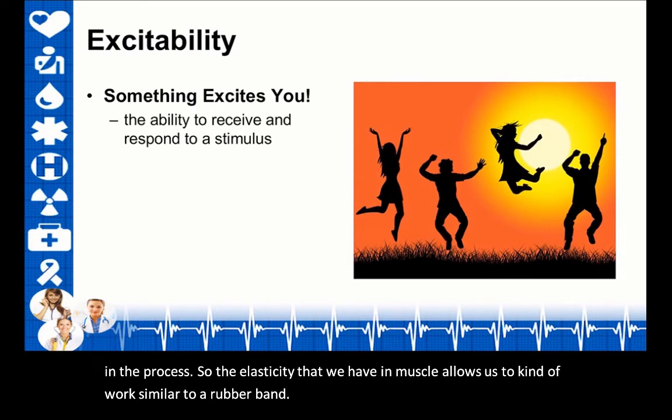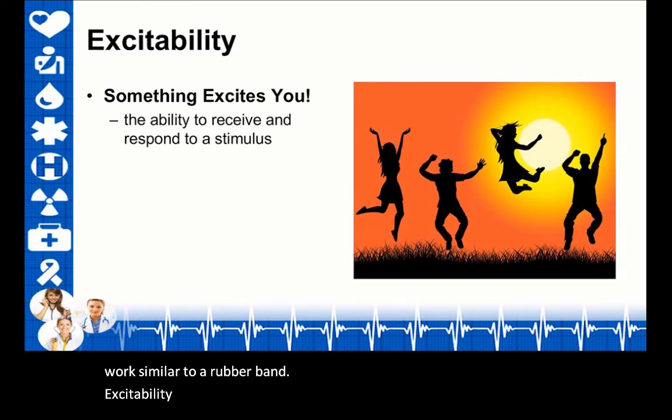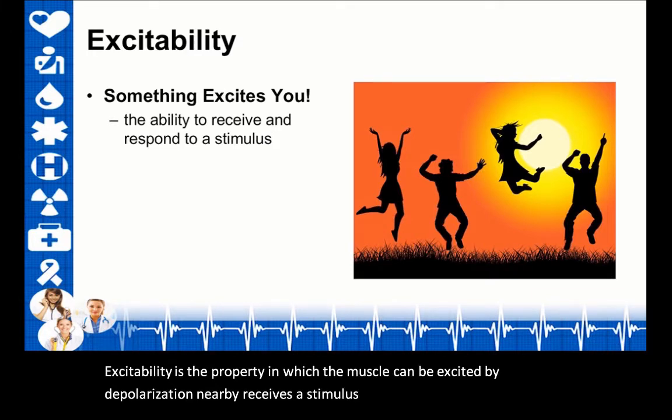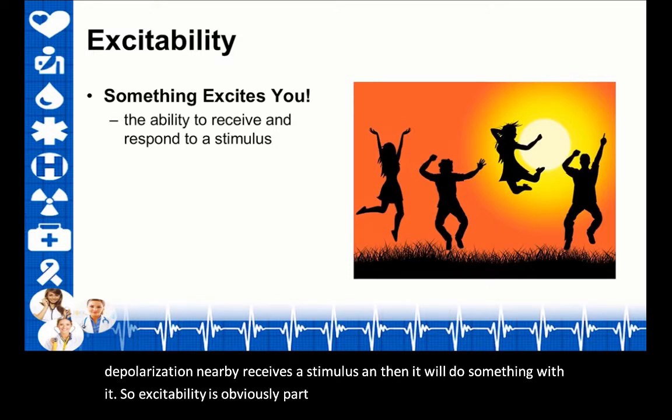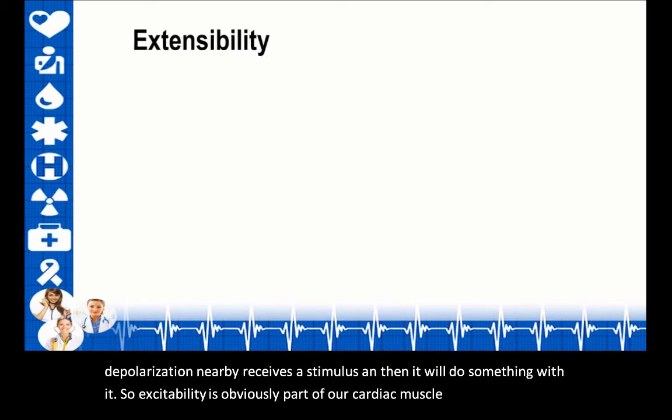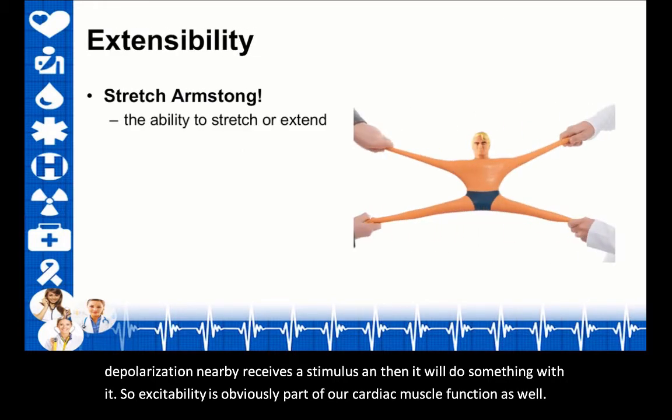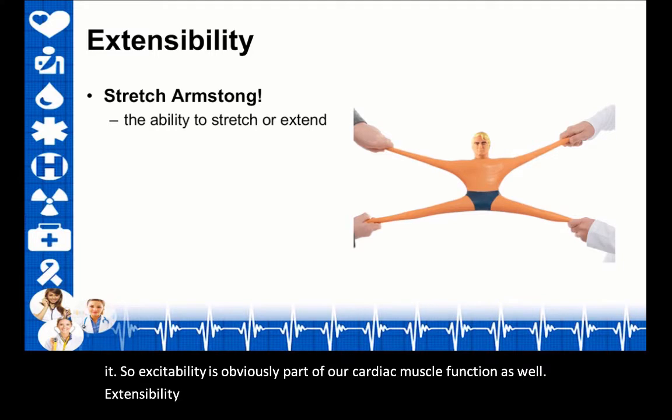Excitability. Excitability is the property in which the muscle can be excited by depolarization nearby. It receives a stimulus and then it will do something with it. So excitability is obviously part of our cardiac muscle function as well. Extensibility. Extensibility is a little different than elasticity.